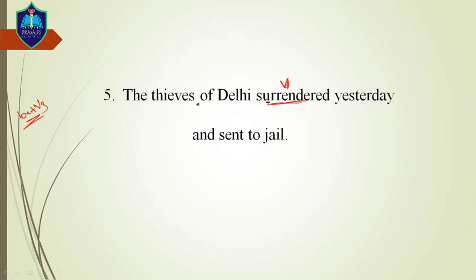So if it is in the active voice, the doer will be the subject. Who is the doer here? Thieves is the doer and thieves becomes the subject over here. As I discussed in the earlier classes, we add s, es, ies to make a noun plural, and we add the same s, es, ies to make a verb singular.